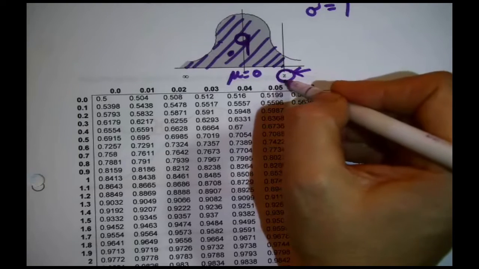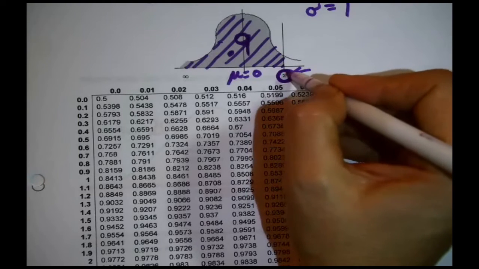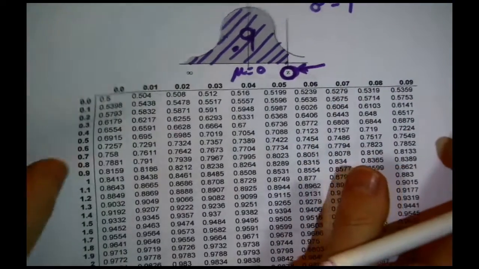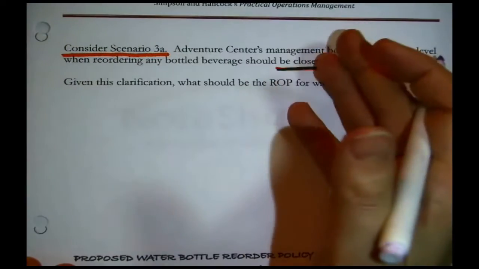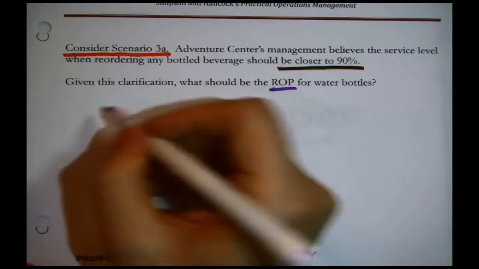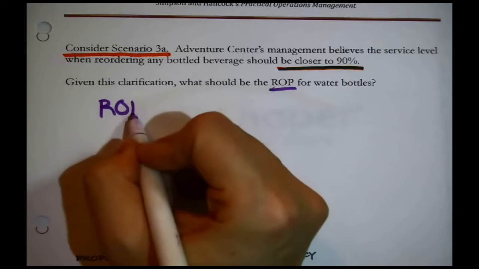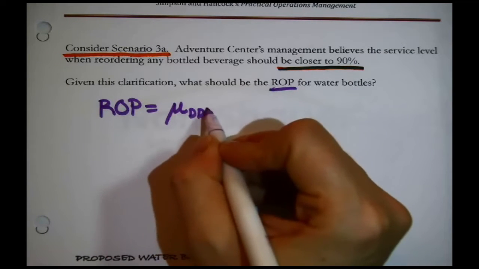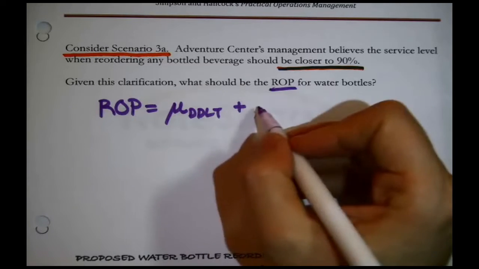But wait a minute. That factor z looks very familiar to me. Going back to the question about a reorder point, we're left with the formula that a reorder point is your average demand during lead time plus your safety stock.